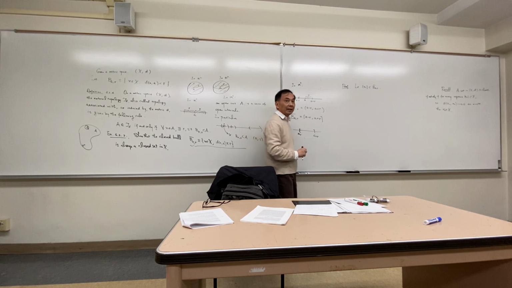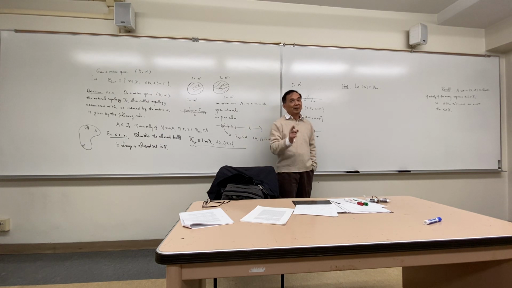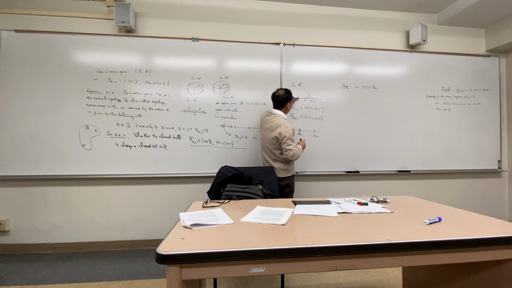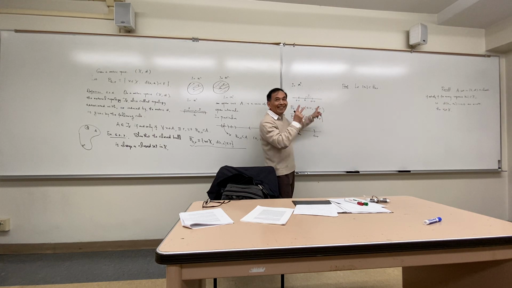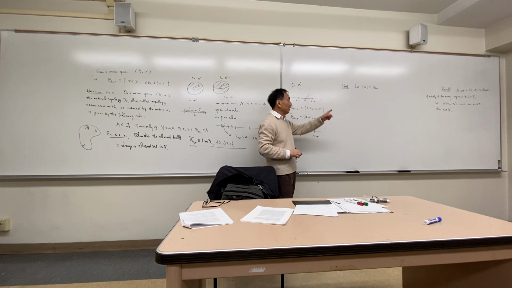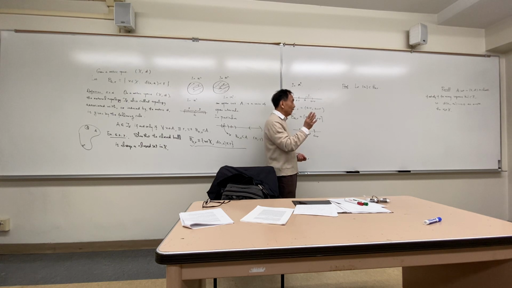If it was open, the limit may not be in. A closed set contains all the limit points.